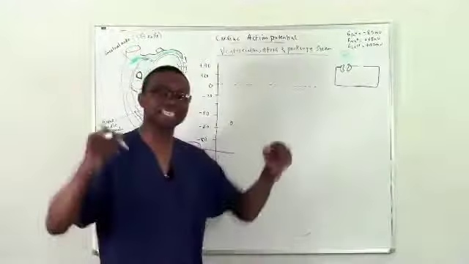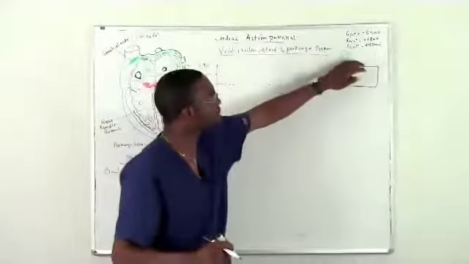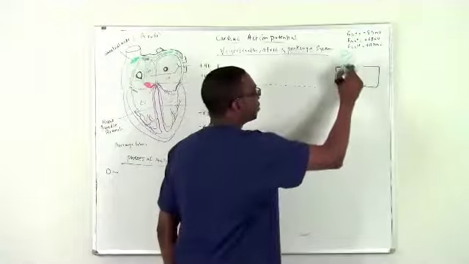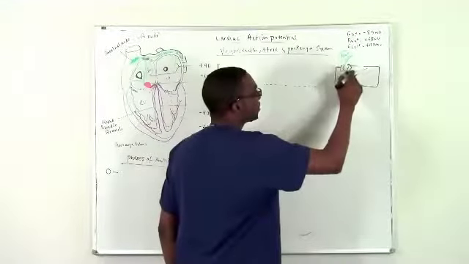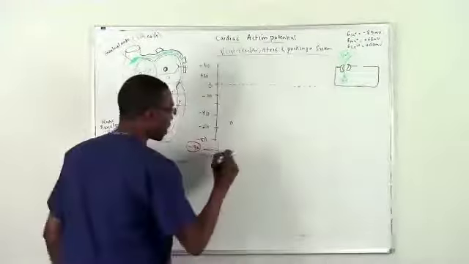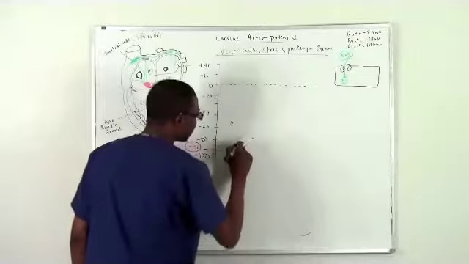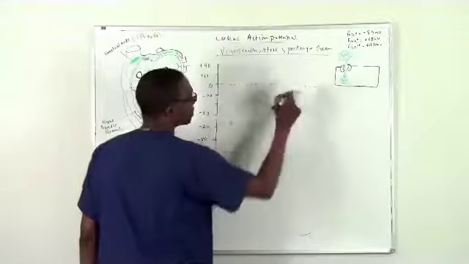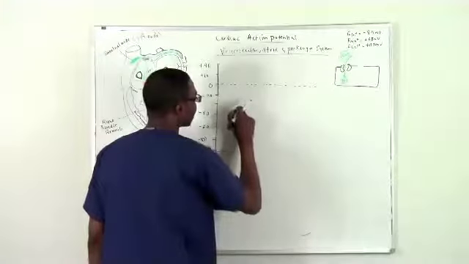They can't wait to get in because there's more of them outside the cell compared to inside of the cell. A lot of sodium now influx inside the cell, which allows the ventricles or the atrium to depolarize, which means a lot of positive ions are floating inside the cell.